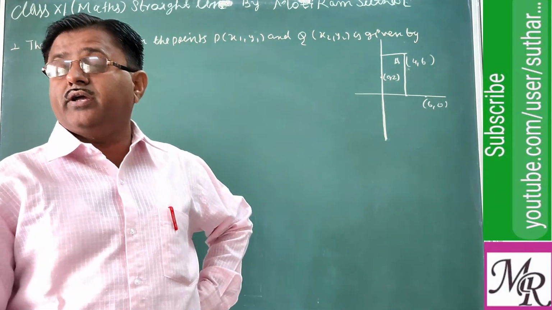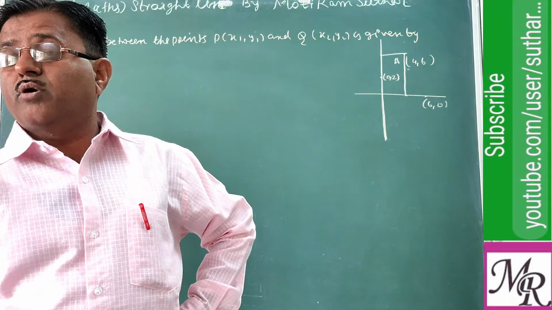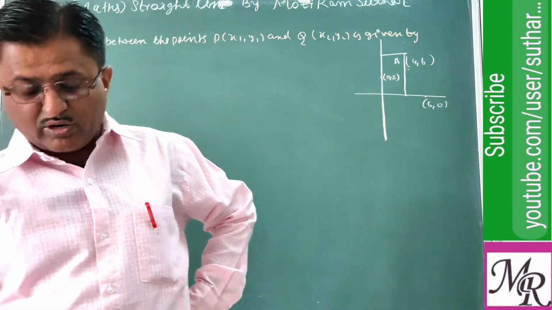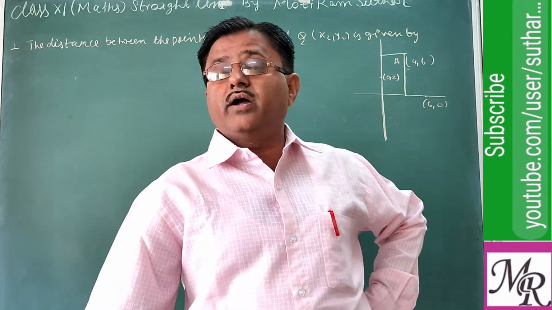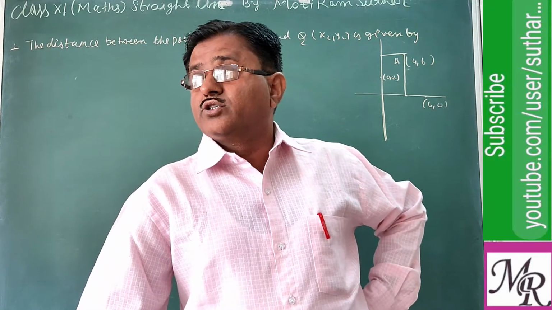That is the geometry which can be explained with the help of coordinates, or you can say algebra as well as geometry. When we combine them, it is known as coordinate geometry.